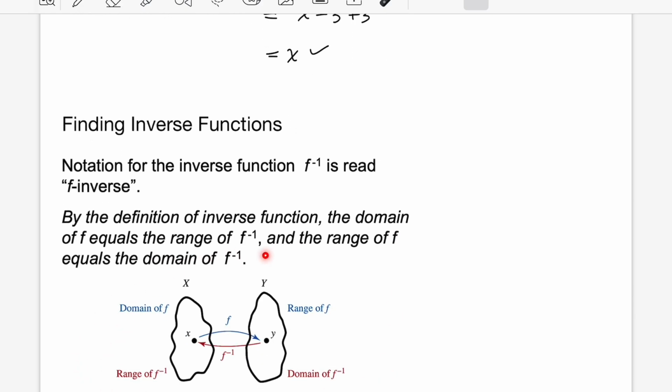So in this diagram, the domain of f is equal to the range of our inverse, and the range of our function is equal to the domain of the inverse. Right? This is because our inverse is undoing our function. Okay?